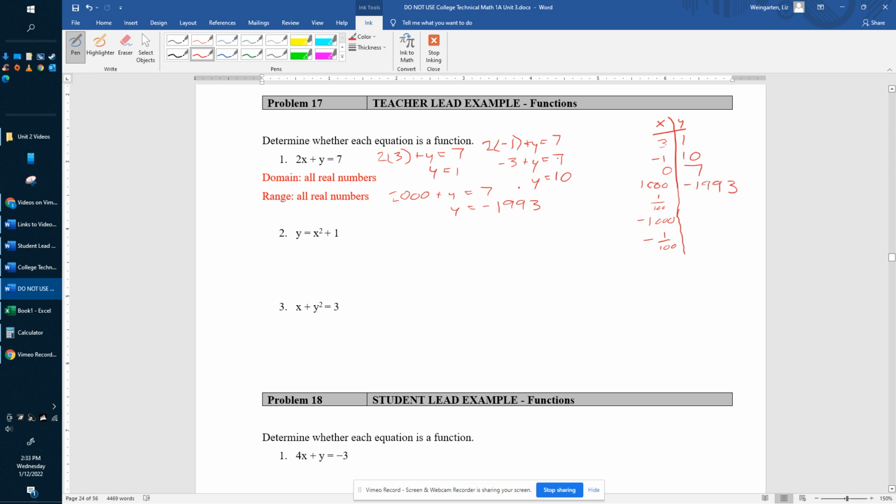Put in 1/100th. You'll get 2 over 100 plus y equals 7. y equals 6 and 98 hundredths. So it's really close to 7.